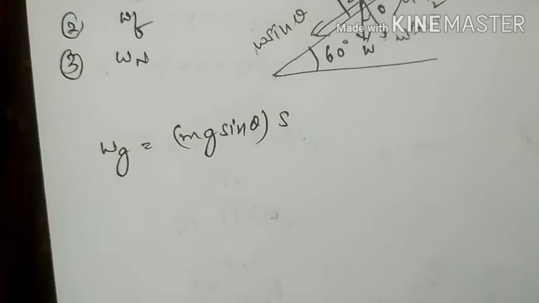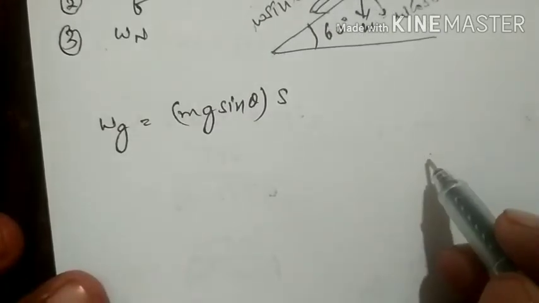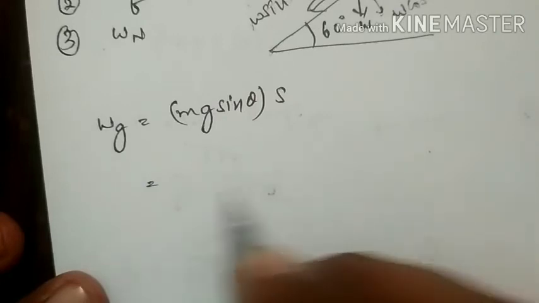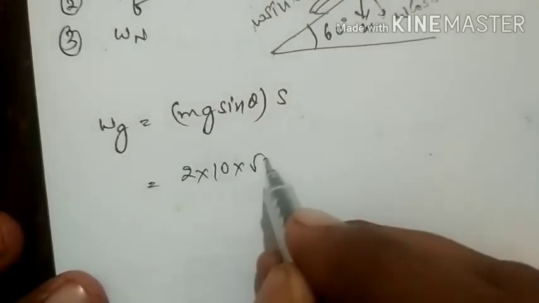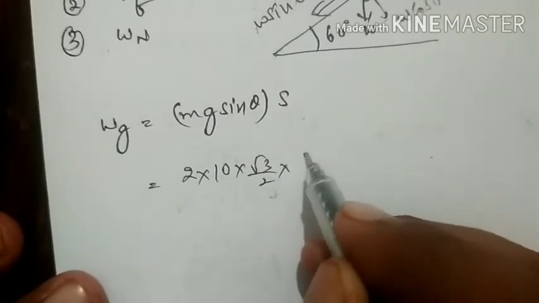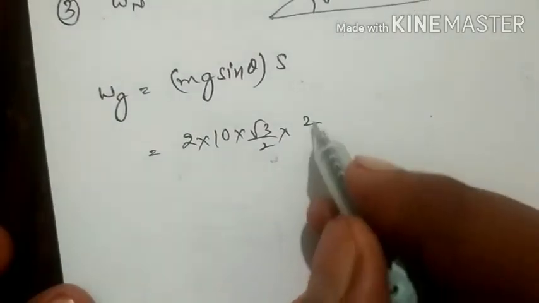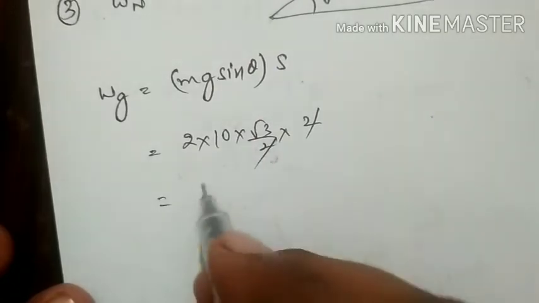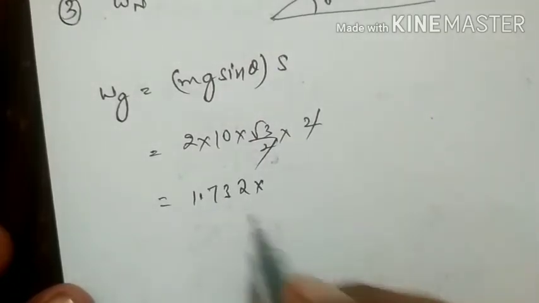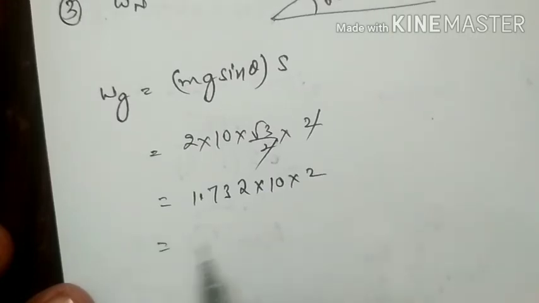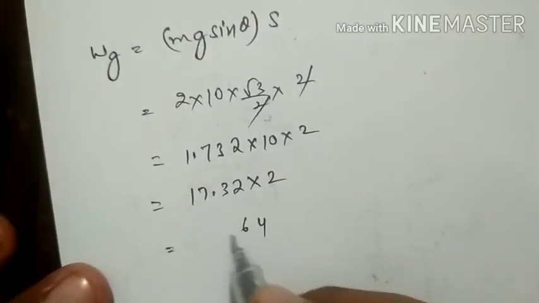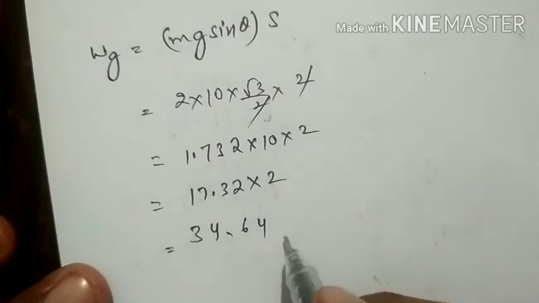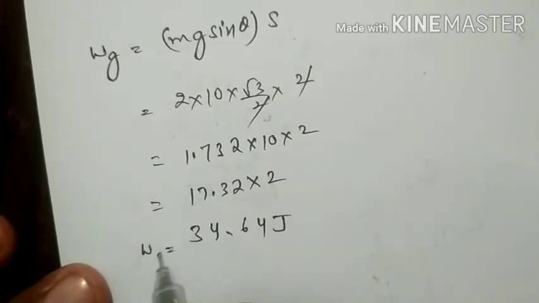Mass is 2 kg, g is 10, sin 60 is root 3 by 2, displacement is 2. So 2 gets cancelled. 1.732 into 10 into 2, approximately 17.32 into 2, which is 34.64 joules. So that is the work done by gravity.